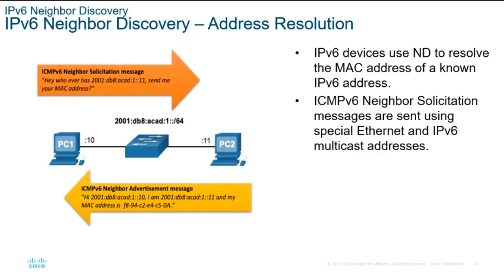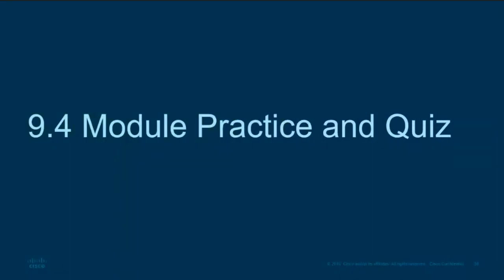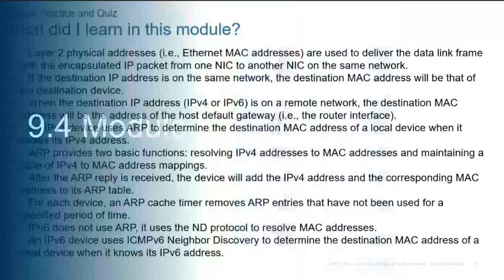In our figure, to determine the MAC address for the IPv6 address, PC1 sends an ICMPv6 neighbor solicitation message, then PC2 replies. So that's about neighbor discovery, quick lang.